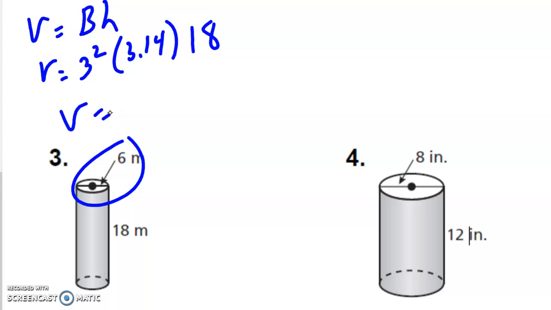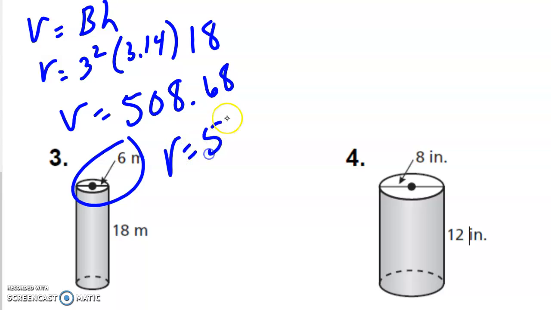So you're going to end up with 508.68. And if the directions told us nearest tenth, 508.7 meters cubed.